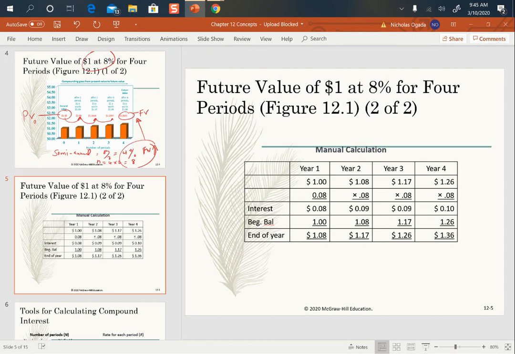Just to demonstrate the point, at the end of year one you're going to earn interest, and the interest you have earned in this case is the 0.08, and at the end of year two you'll earn more. So it's just an intensive process to try to do this the manual way. So the best way is to use other tools, and I think it's better for me to highlight some of these.